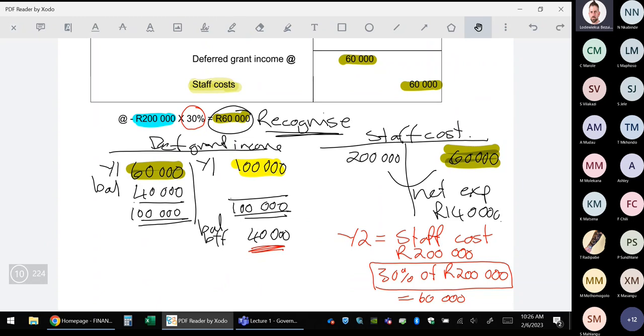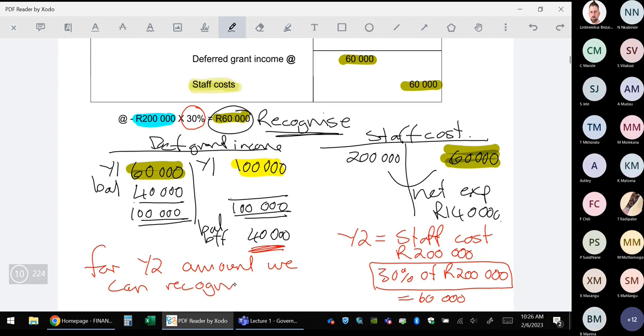So what does that mean? For year 2, the amount we can recognize is limited to the balance on the deferred grant account.